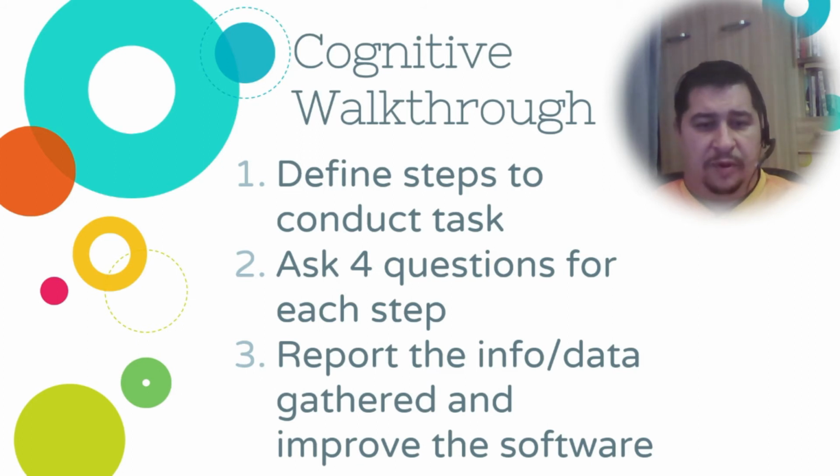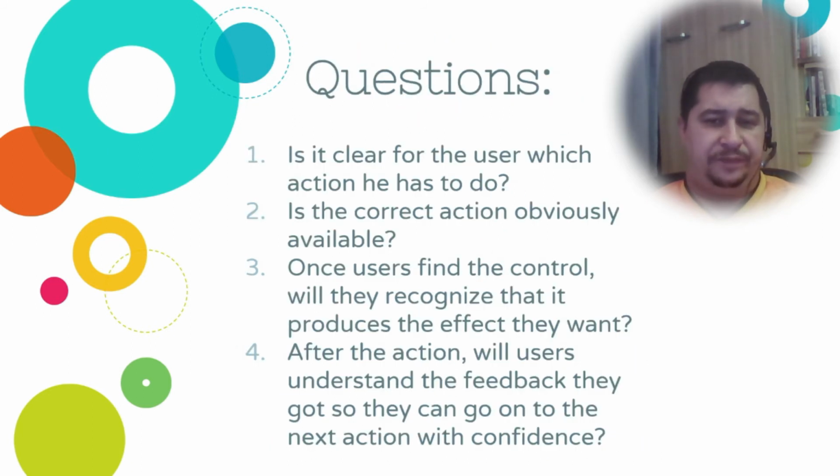And probably you are asking yourselves what these 4 questions are in step number 2. For each of the steps we ask whether it is clear for the user which action they have to do. Is the correct action obviously available? Once users find the control, will they recognize that it produces the effect they want?